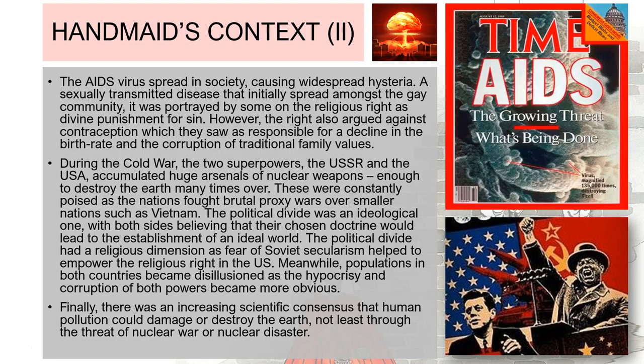Finally then, some other contextual factors in the 1980s that have traces of influence in The Handmaid's Tale. The AIDS virus spread during the 1980s, as you can see from the cover page of Time magazine there. And this was a sexually transmitted disease that spread initially amongst the gay community.